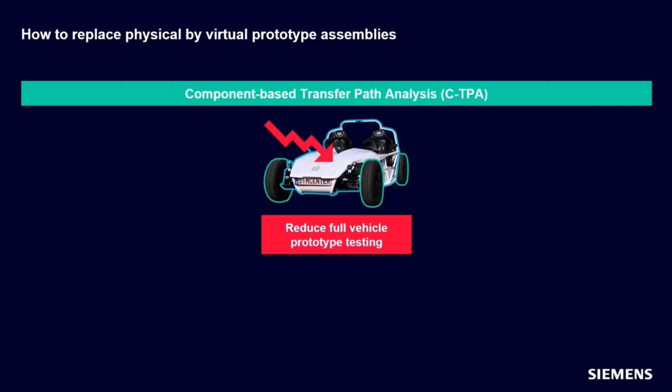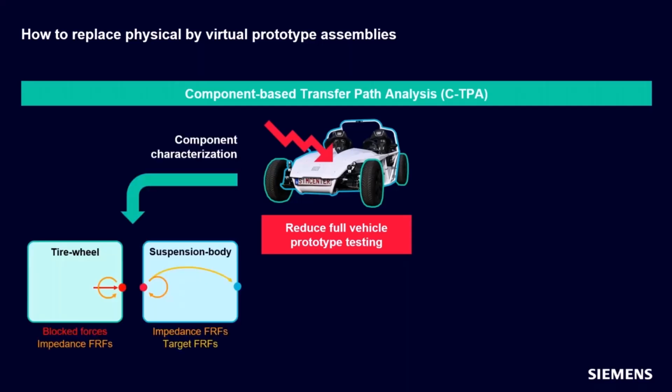An extension to that is this component-based transfer path analysis, where instead of characterizing the entire system with source and paths and receiver, we're really characterizing individual components. So individual sources. In this slide here, we're showing a tire wheel combination as being the source. In this case, it's for a road noise CTPA investigation.